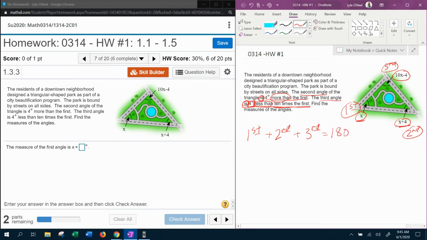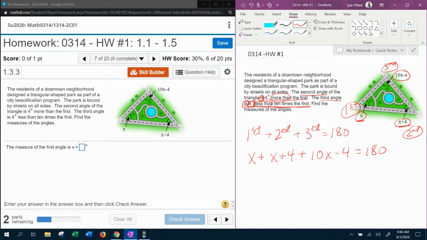And then we can fill in with the expressions, okay? So the first angle was x. The second angle was x plus 4. And the third angle was 10x minus 4. And so that's how you can take the expressions and turn it into an equation. But you had to know the fact that the angles of a triangle add up to make 180.